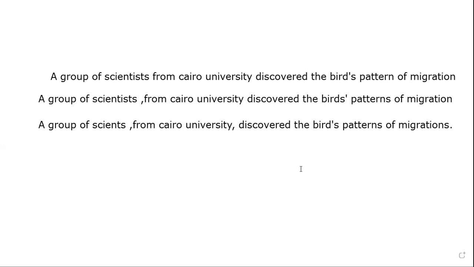Okay, the first one, correct or incorrect? A group of scientists, that's the subject. And where's the verb? That's the verb, right? So that is correct. Number two: a group of scientists from Cairo University discovered the birds' patterns of migration.